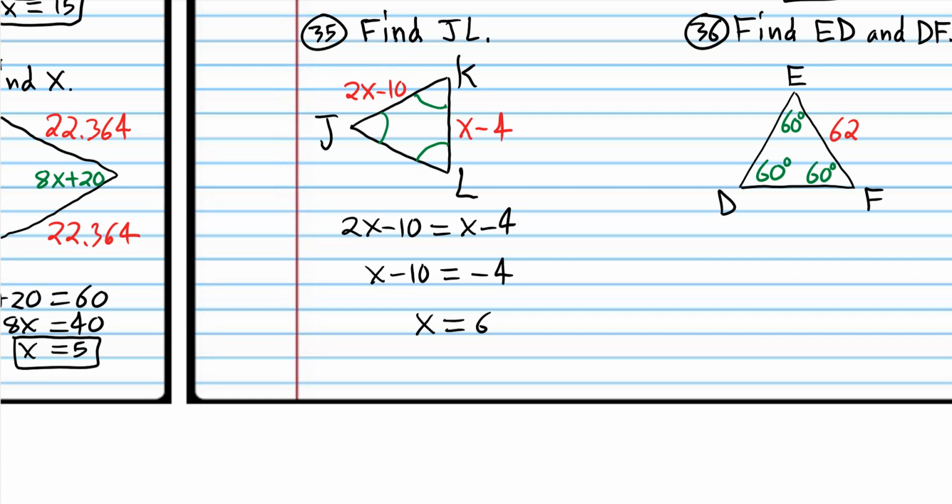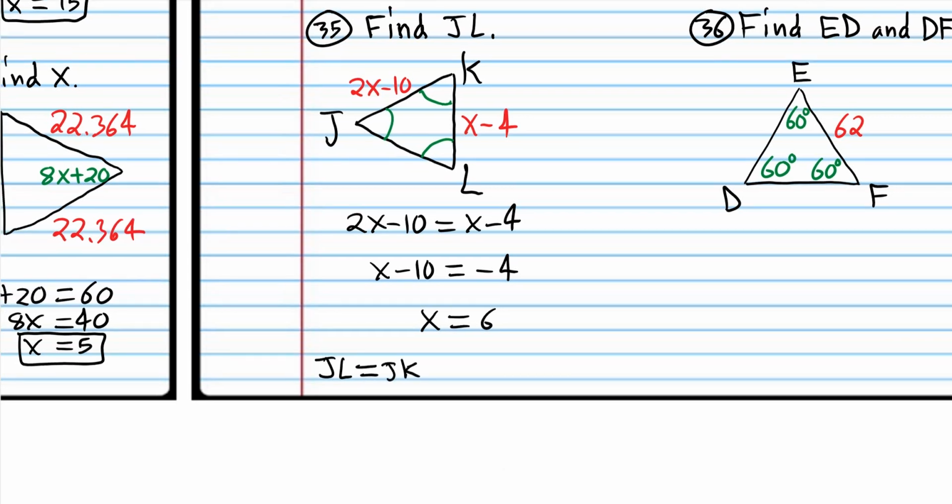And once we find the length of JK, we know that JL has to be the same length. So if you plug it in, I guess I can just show it. JL is equal to JK, and JK is equal to 2 times 6 minus 10, which is 2. So the answer is 2.